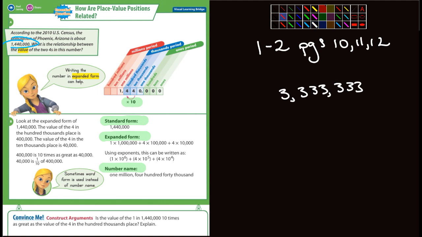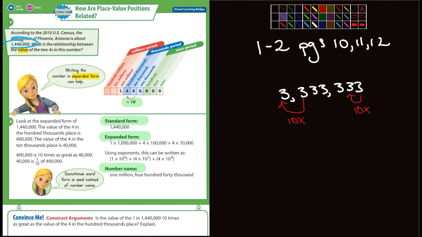What's the difference between this 3 and this 3? Well, it would be times 10, okay? What's the difference between this 3 here and this 3 here? Well, it'd be times 10. That's the difference, and that's assuming the numbers are the same.